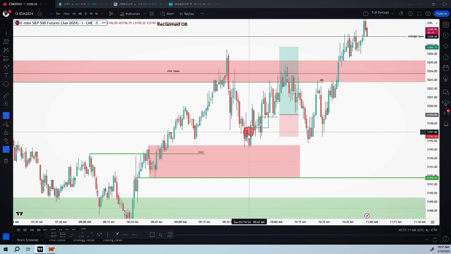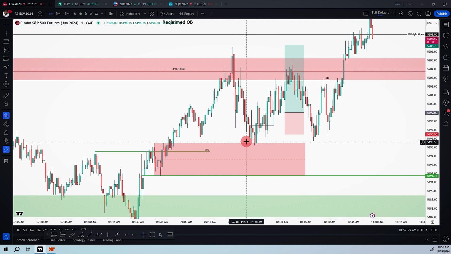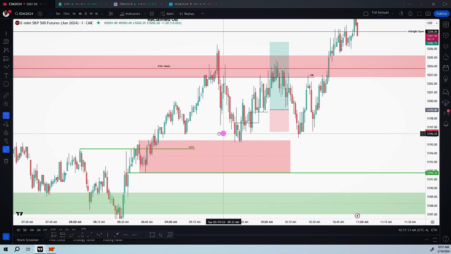Because we got displacement right there, we trade into the order block. When we trade back up here, we come back down. This candle right there reclaims this order block, trades into the opening price of this order block where the hedging took place.